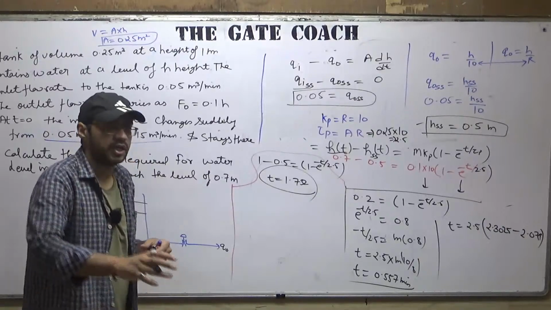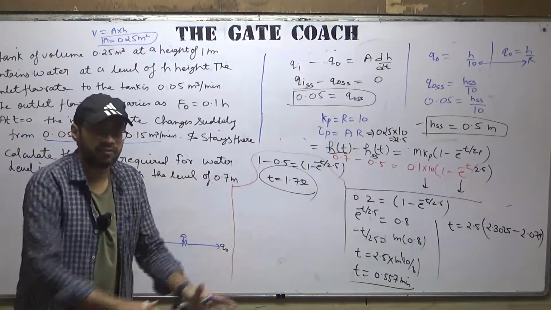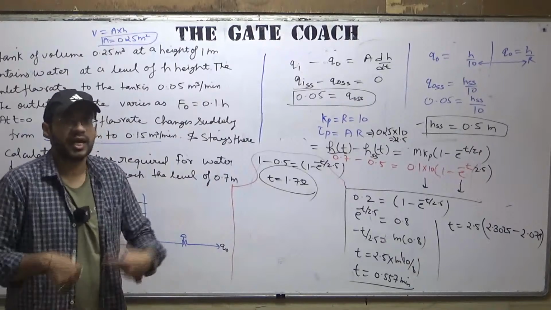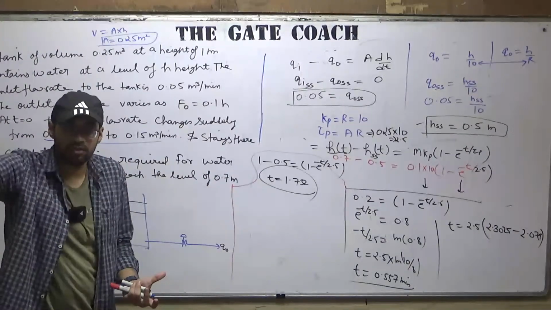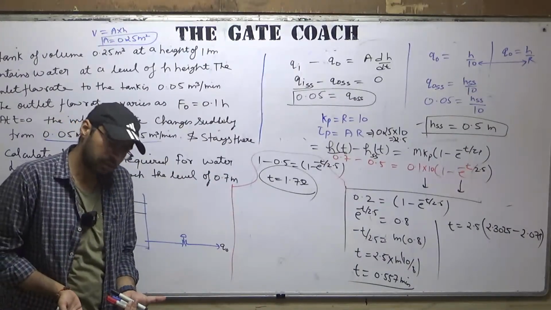A system is bounded when it exists within the prescribed limit जो हम डिसाइड करते हैं. अगर उससे ज्यादा चला गया तो वो अनबाउंडेड हो जाएगा. राइट?